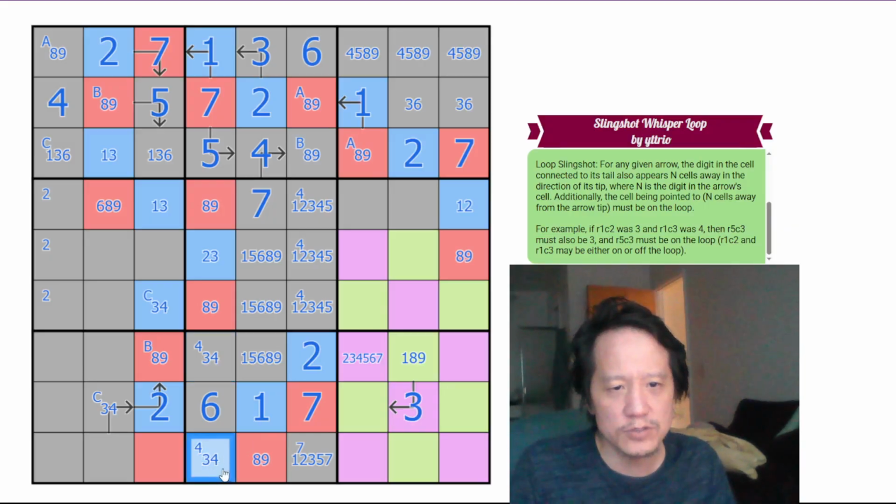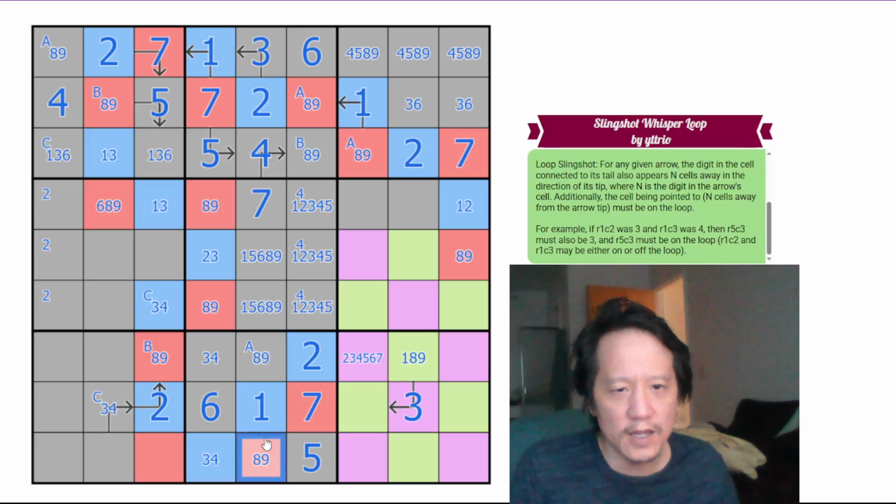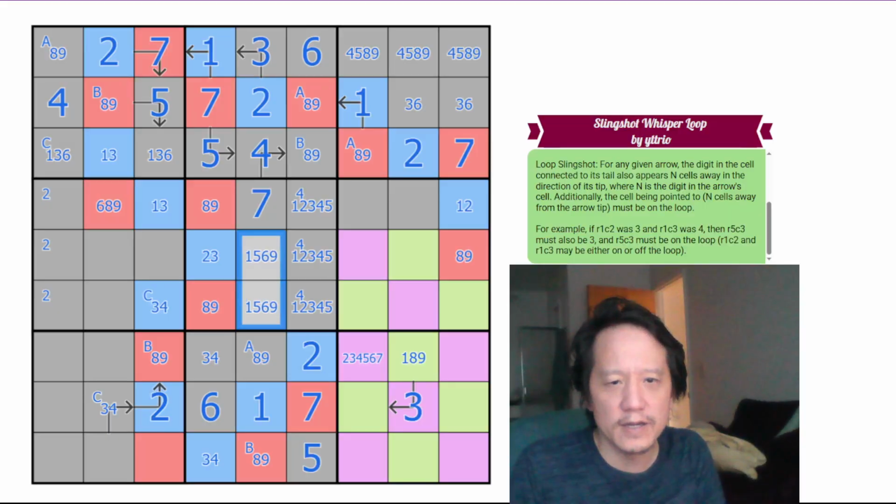Therefore, this can't be 2, this can't be 2, this is a 3-4 pair here. This can't be 1 or 6, this can't be 1, 2, 7, or 3, so this is a 5, which means this can't be 5. So this is an 8-9 pair here. This is the A 8-9, this is the B 8-9. Therefore, 8-9 cannot be here.